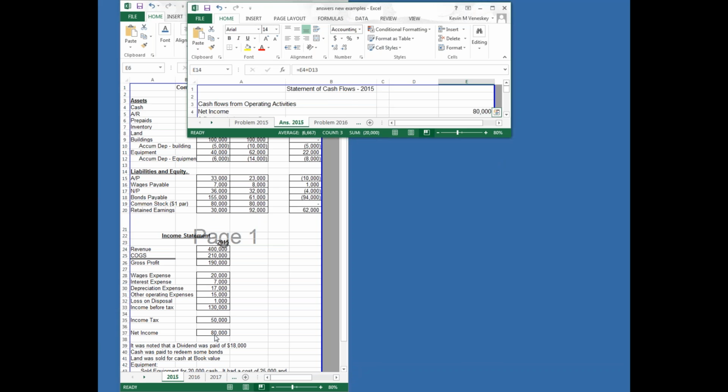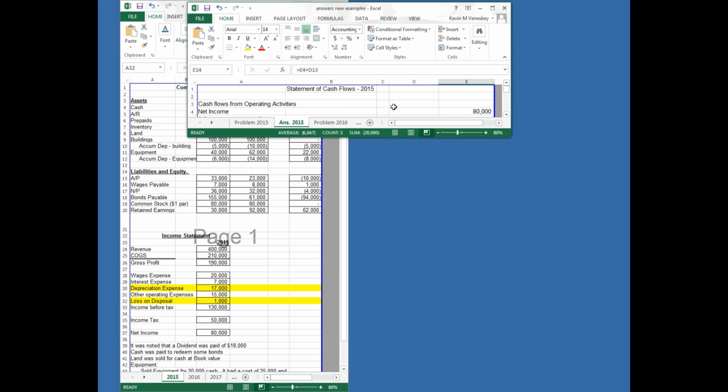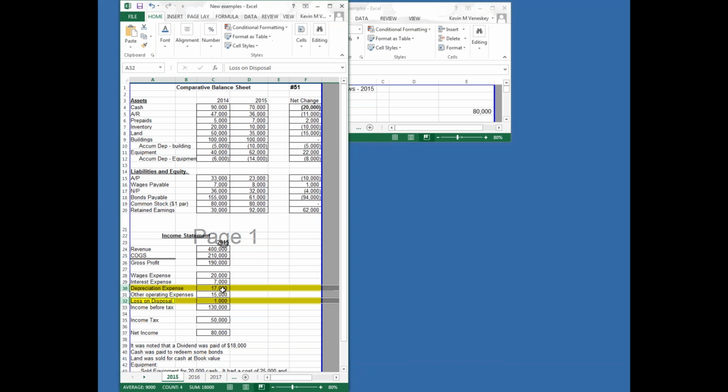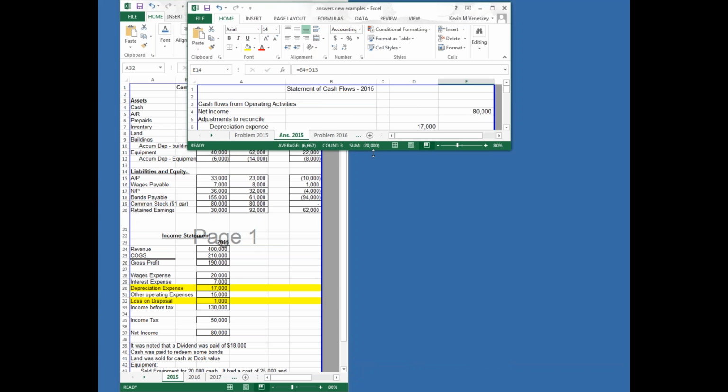So we start out with net income. Then there are 2 things that we always look for on the income statement, and we want to get rid of those right away. Depreciation and the loss. Remember, with depreciation, it makes it look like I spent money, but I didn't spend any money. So I need to add that back. So we're going to make adjustments now to my net income, and we're going to make a positive $17,000 adjustment to pretend like this 17 expense never was really there.